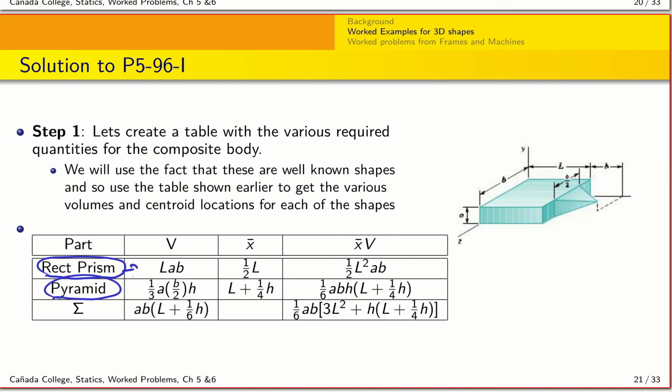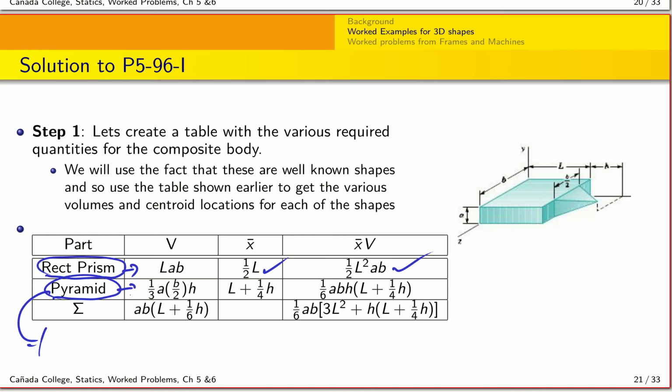So for the rectangular prism, the volume is nothing but, it's a slab, so it's just L times A times B, the dimensions. The position, because of symmetry, is going to be half times the length along the x-axis, so that's what we have, and we have x bar v. The pyramid is of course a little more complex, so doing the integral is also much more challenging.